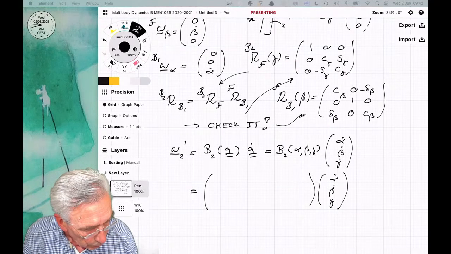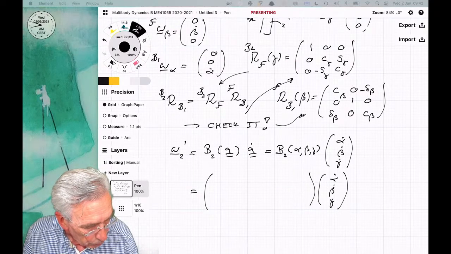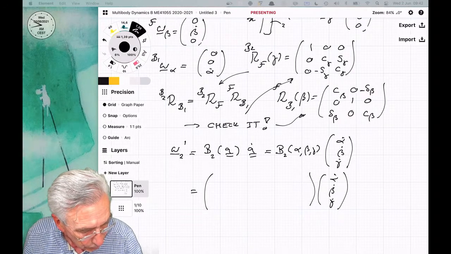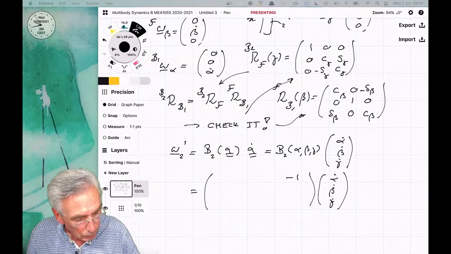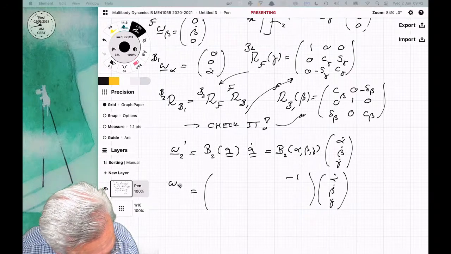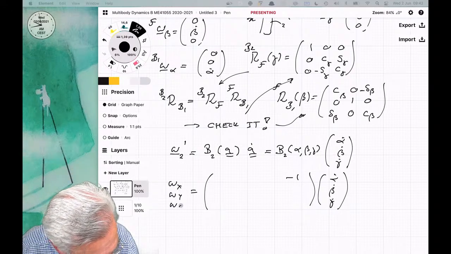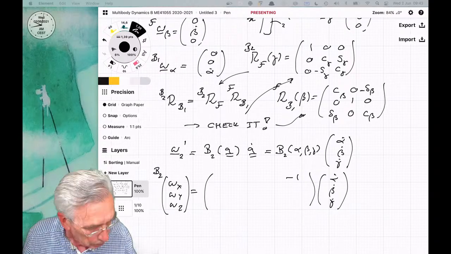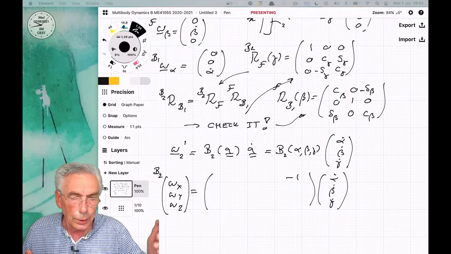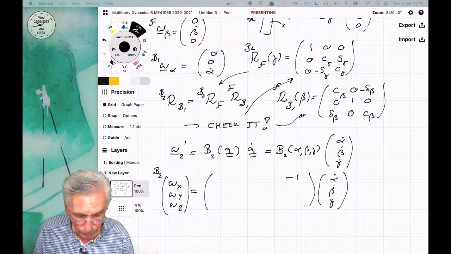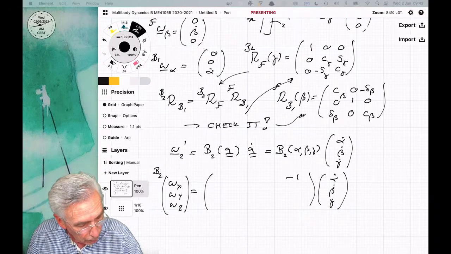So there is probably a -1 here, right? -1, because this is like omega x, omega y, omega z expressed in B2. And the rest is just for you to do.